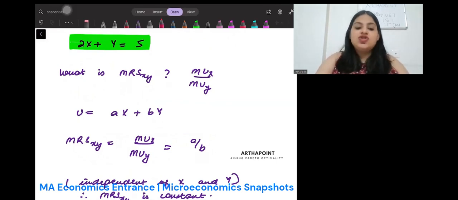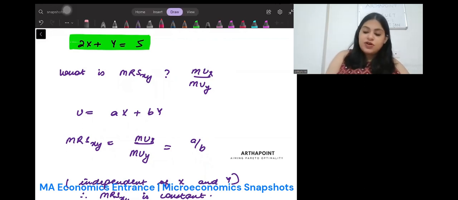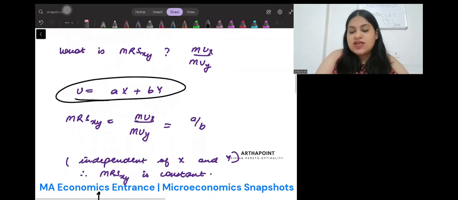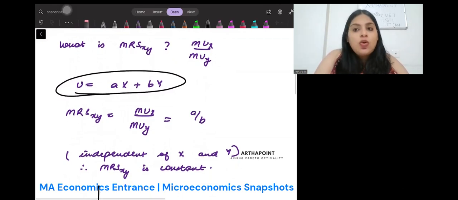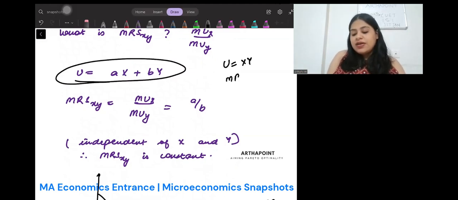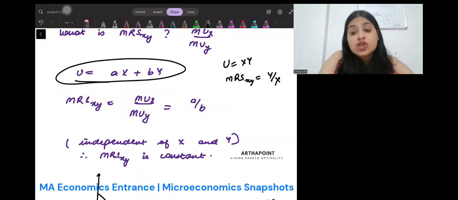So if I have this general perfect substitute utility function, which is U is equal to AX plus BY, then you can differentiate it with respect to x and you will get A. You can differentiate it with respect to y and you will get B. But note that had it been U is equal to XY, your MRS would have been Y by X. So MRS would have been a function of X and Y. It would have been a function of your consumption of X and Y. But in this case, MRS is just A by B.